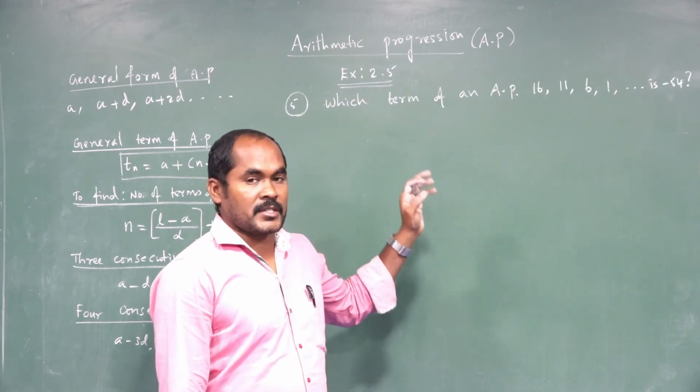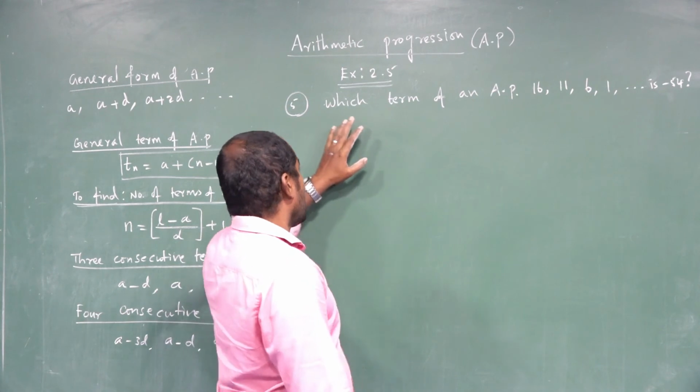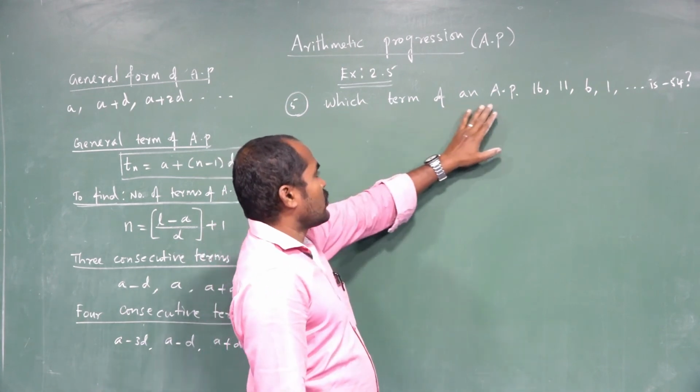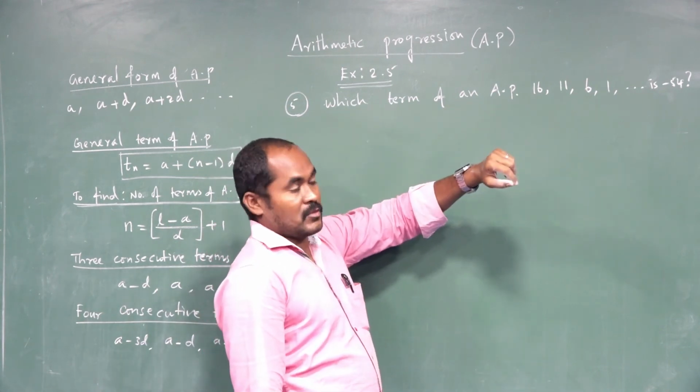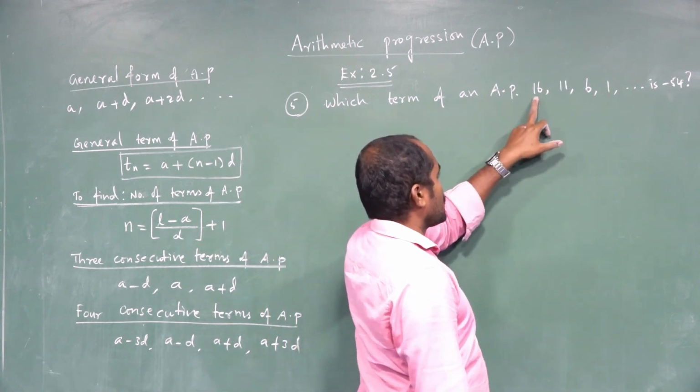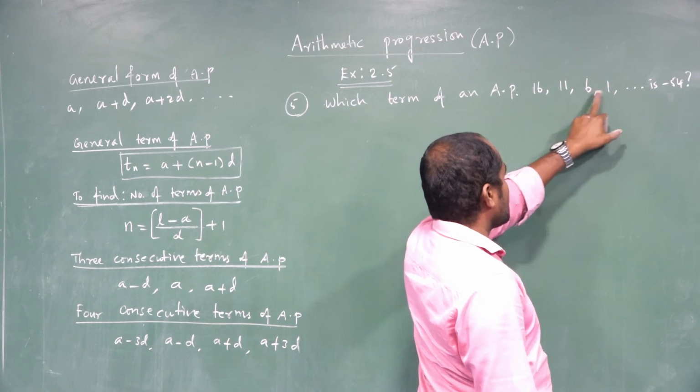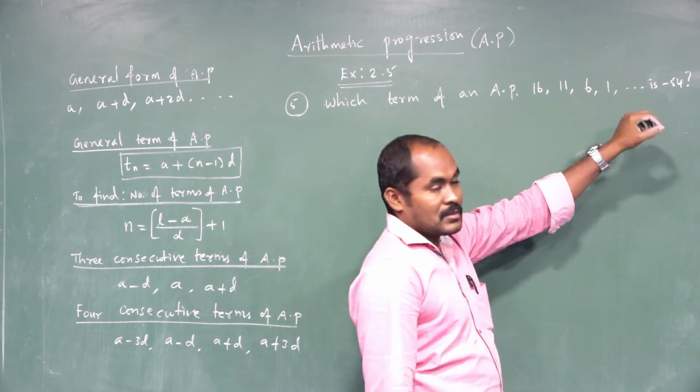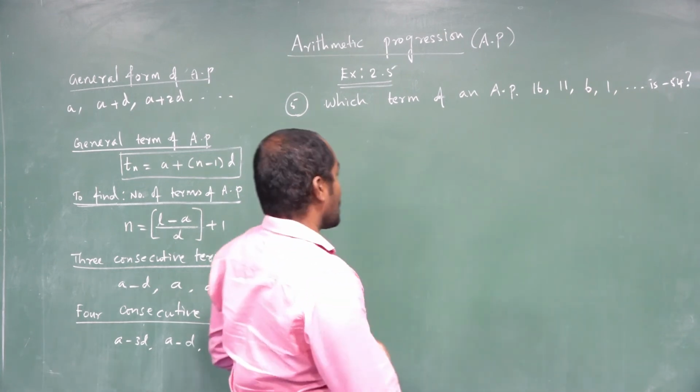Next, exercise 2.5, fifth sum. Which term of the arithmetic progression 16, 11, 6, 1, etc. is minus 54? So listen.